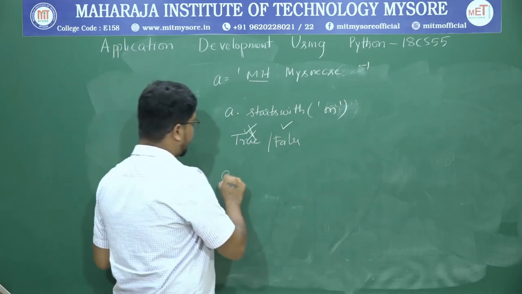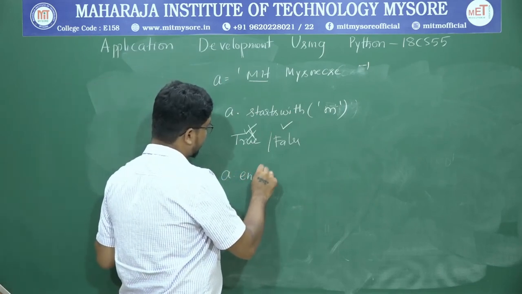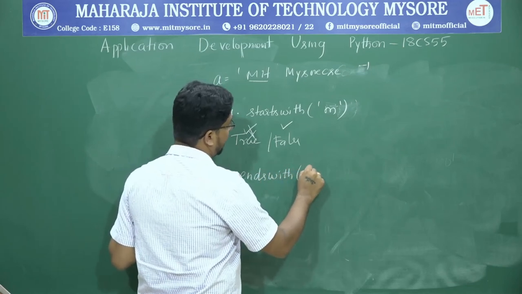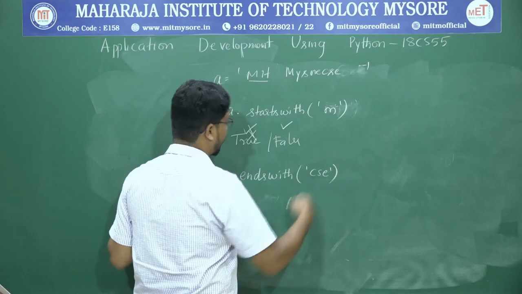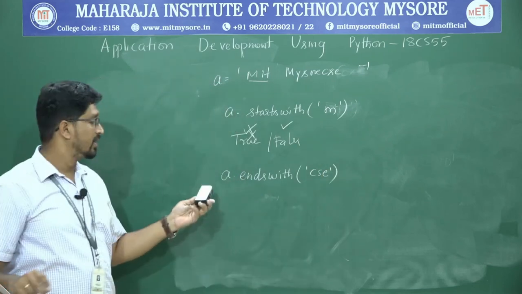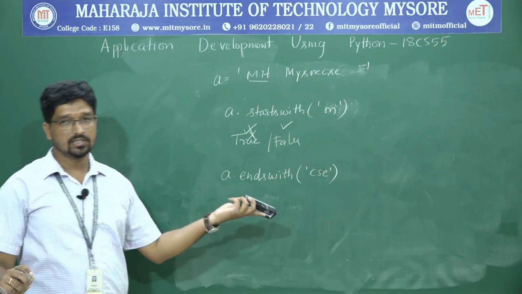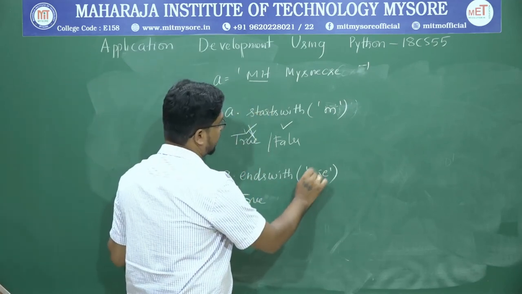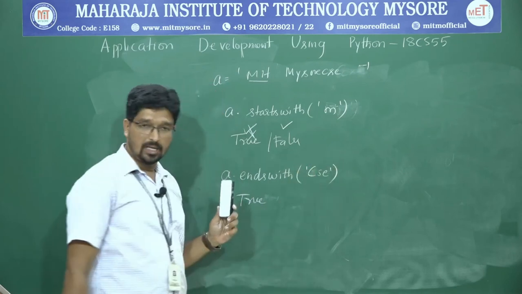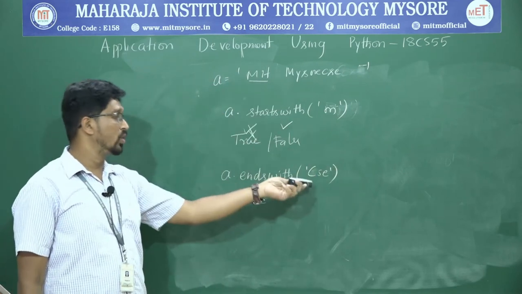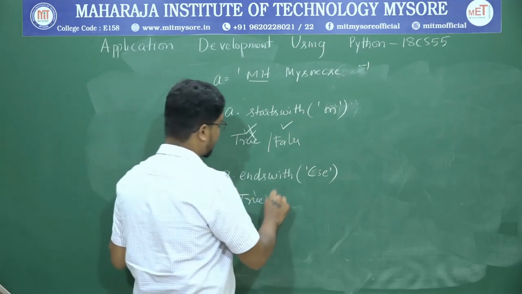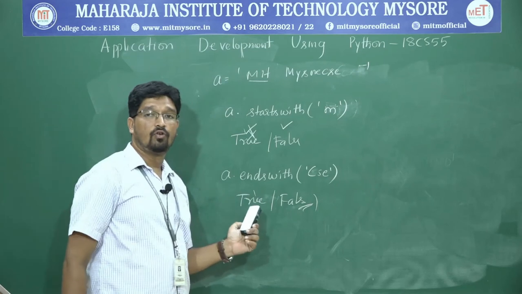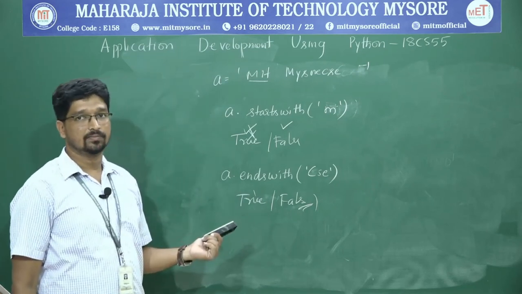In the same way, we have ends with. Let us say I have written CSE in lowercase. So I will check whether A dot ends with CSE. Yes, of course, if it ends with CSE, you will get true as a result. If you check CSE in uppercase, then you will get false as the result.